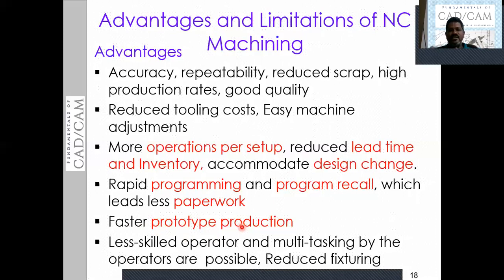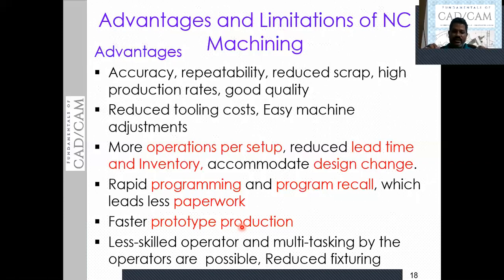This is faster in the case of NC machining. When you compare with the traditional machining process, a prototype can be manufactured in a faster way. It can be tested and analyzed quickly, so that we can move to production much more quickly than with the traditional machining process.